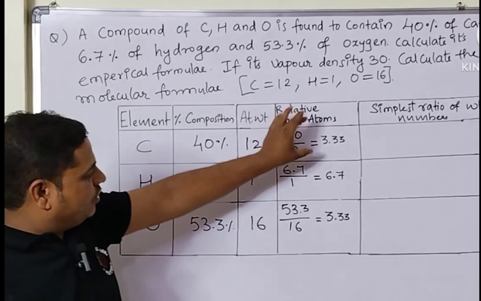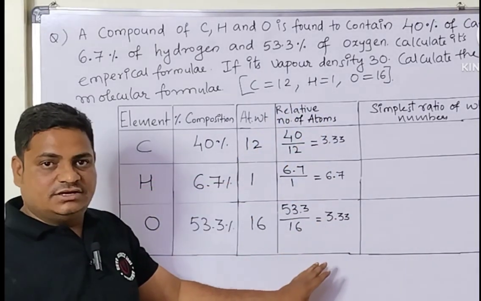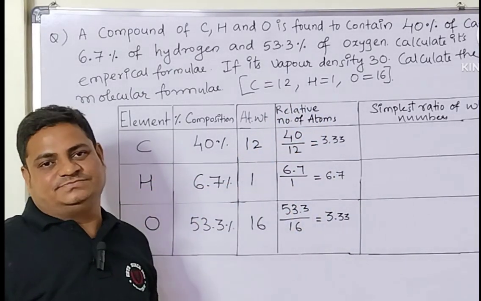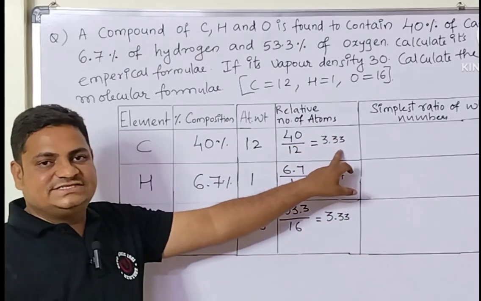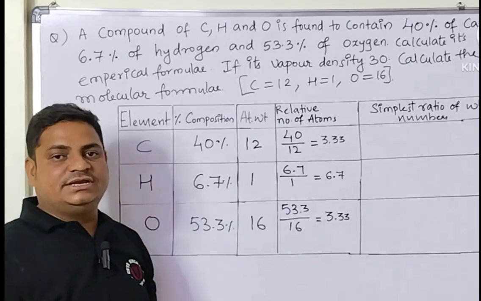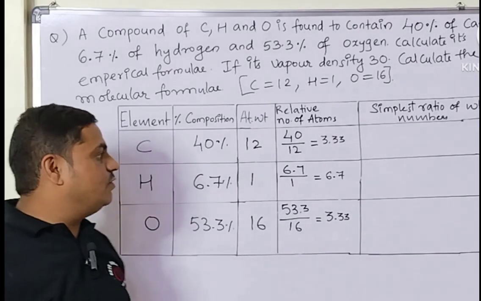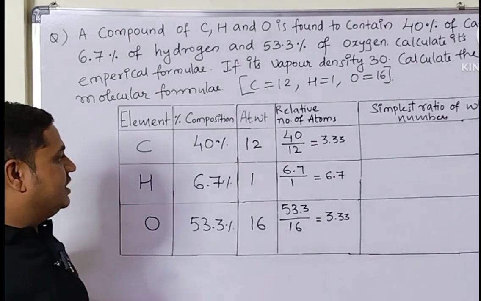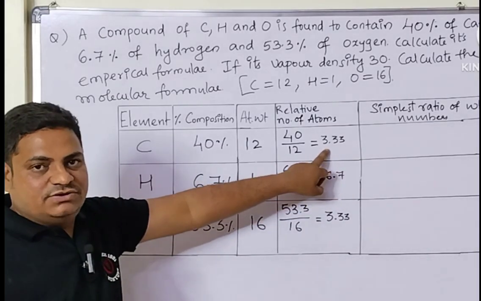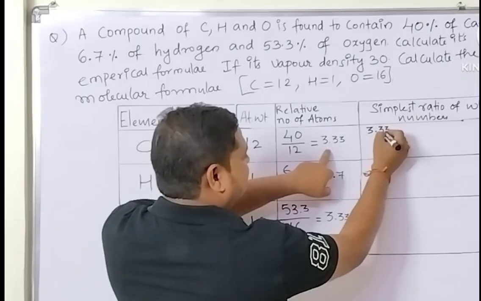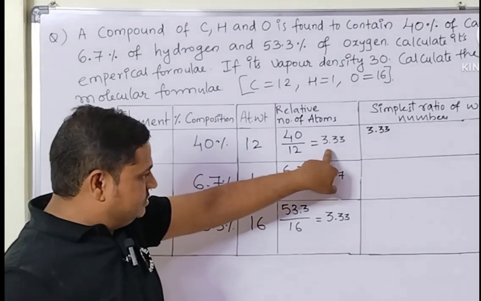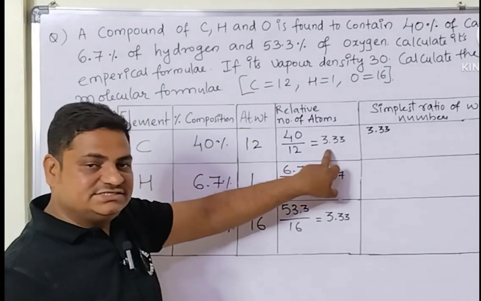First check whichever is the least value out of these three values. That is 3.33; in both cases it is 3.33. Now whatever relative number of atoms value I got, I divide by the least value.